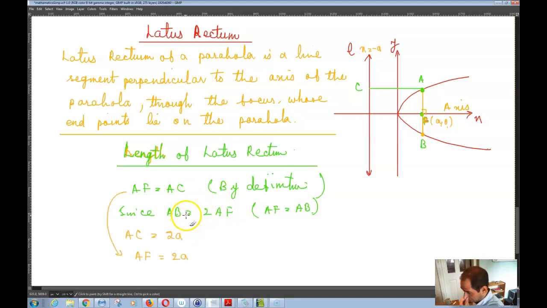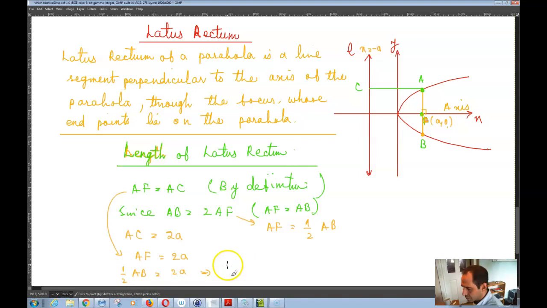So what I want to find is AB over here. Instead of AF I can write 1/2 of AB is equal to 2a.